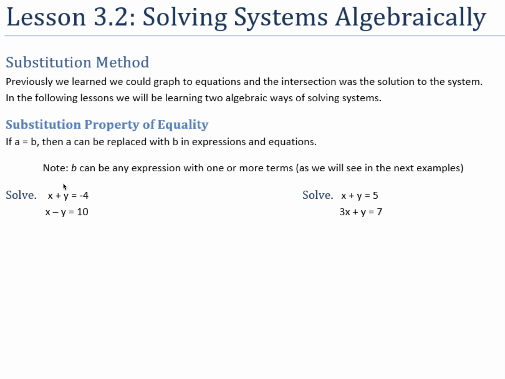There are certain times substitution is a better choice to use, and that is if the coefficient of any of these four variables here is 1, it's pretty efficient to use substitution. So in this case, this coefficient's 1, this coefficient's 1, this one's 1, and this one's -1, which is also a good choice.